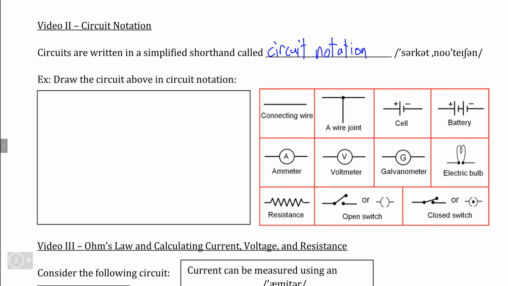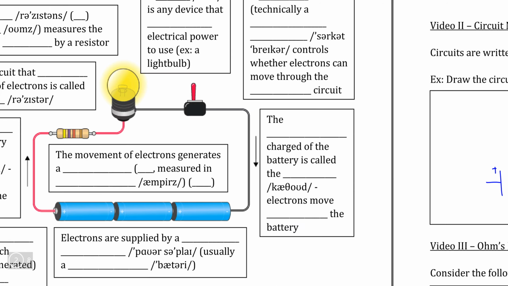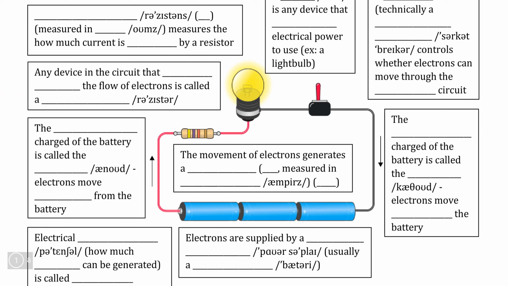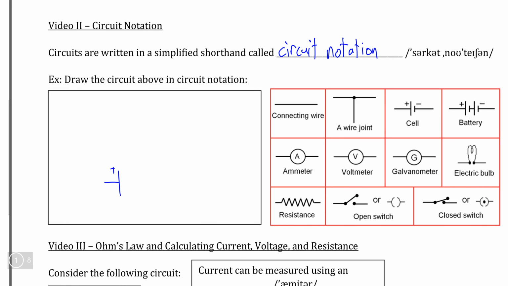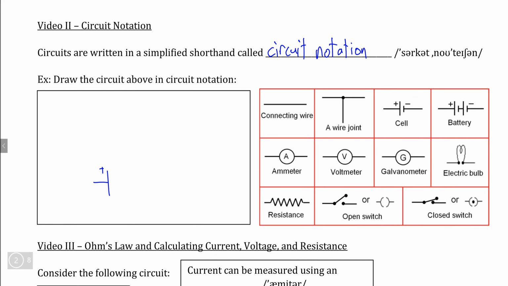In this circuit notation, we can see that a single battery cell is represented like this. So we can draw what a battery looks like here. In the previous video, we saw that the electron flow is moving in a clockwise direction, which means that this end here is our anode. This is the positive side. So in our circuit notation, our battery is going to be positioned like this so that we can see the anode of the battery like this.